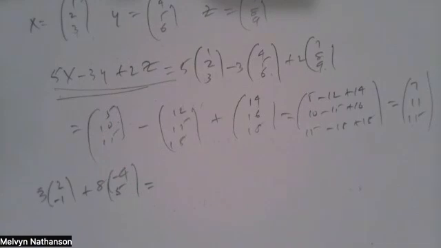What is this linear combination? Someone get an answer? Someone tell me what vector that is?